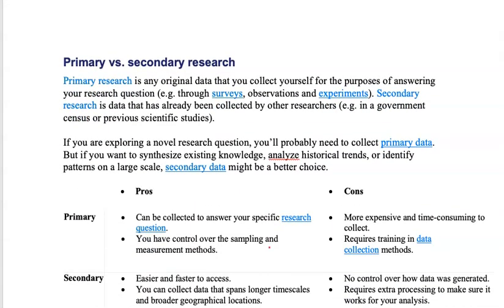Next, we have to understand the difference between primary data versus secondary research. Primary research is any original data that you collect yourself. So this is the data that you collect yourself for the purpose of answering your research questions through survey, observation, or experiment.